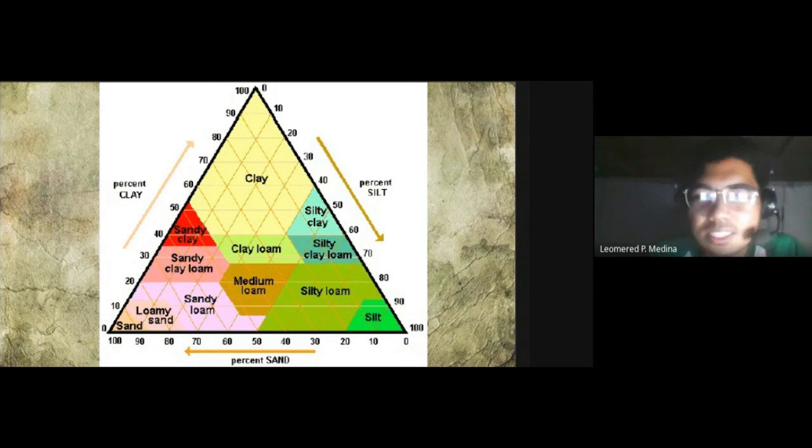So basically, this is now the end of this short discussion regarding the exogenic processes. And if you have questions or queries, once again, you can reach me via email or as a comment when it comes to this particular part. So this will actually be how I'm going to cap off all my discussions in Earth Science.